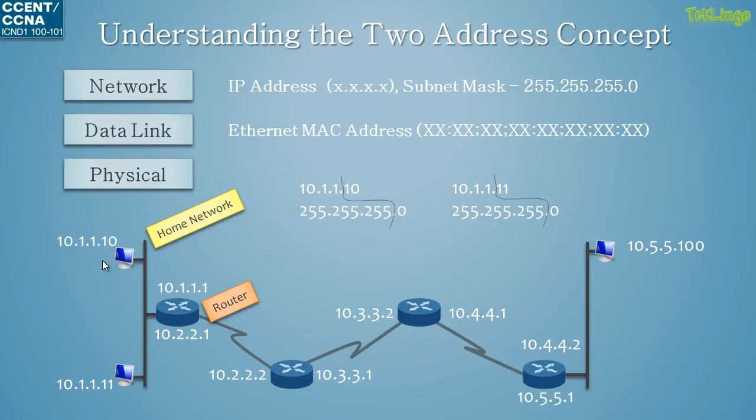So when 10.1.1.10 wants to communicate with 10.1.1.11, it will send an ARP message to your network saying who is 10.1.1.11. So every network device in your home network gets that message, and the computer which is 10.1.1.11 receives the message, and it will respond back to the ARP message with its MAC address.